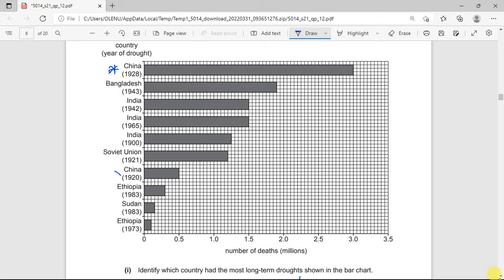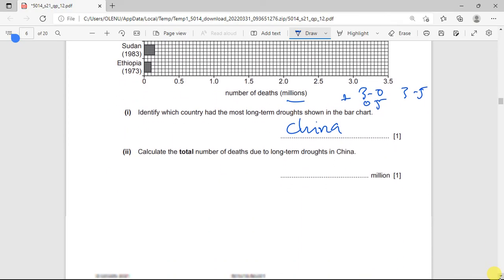We have China here, so you get both values and add them together. This is 3.0 plus this is 0.5, so the total will be 3.5. Remember the unit, millions. So I have 3.5 million.